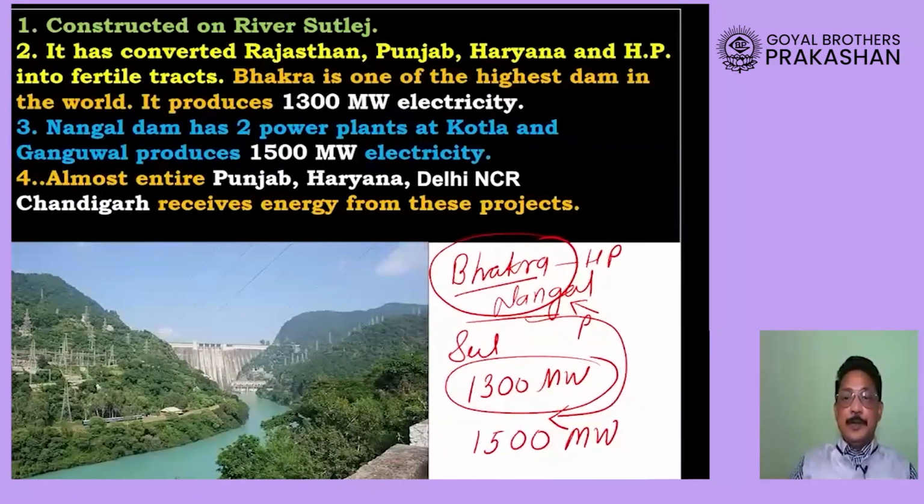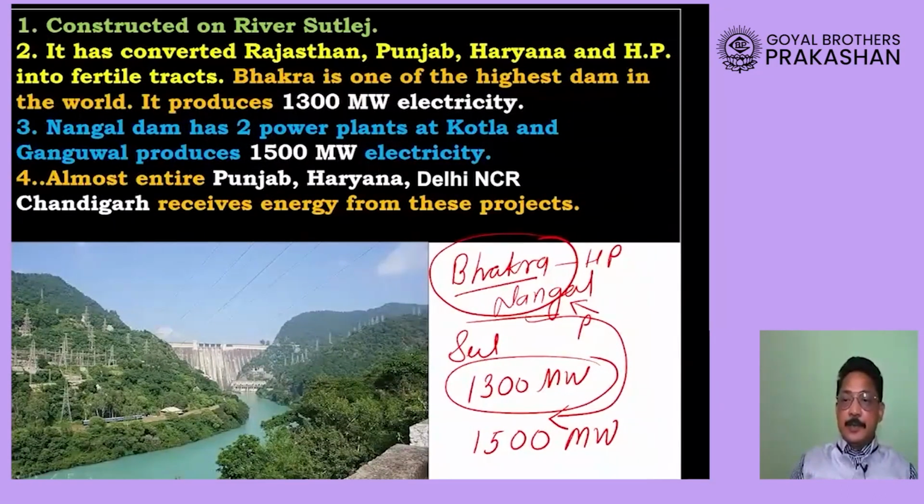And this electricity is useful not only to Himachal and Punjab, dear students, but it is also supplied to Haryana, Rajasthan, Delhi, Chandigarh, and in this way they are responsible for industrial development of all these places and also for a lot of irrigation in Punjab, Haryana, as well as Rajasthan.